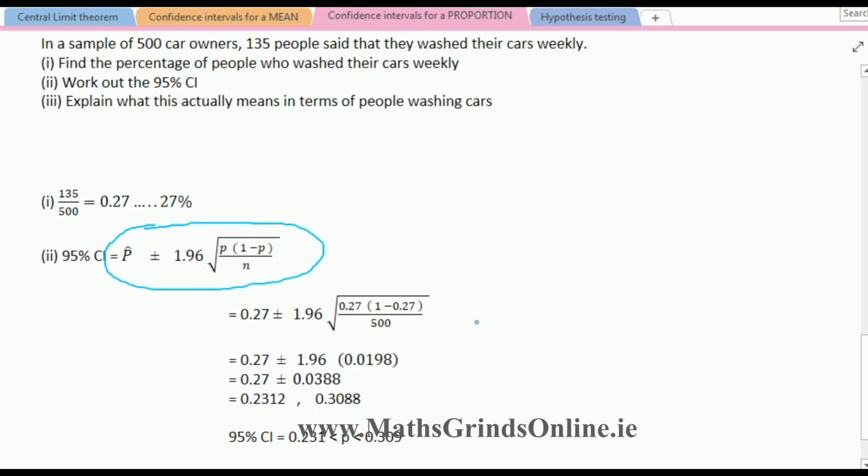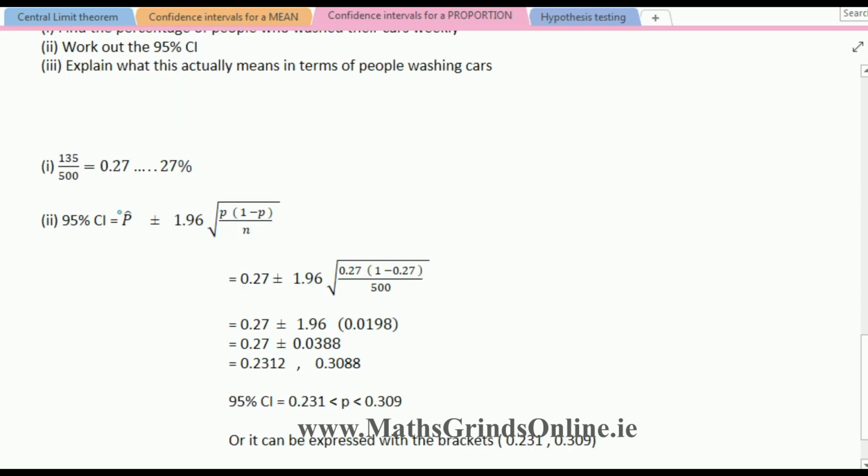Okay, so we basically know everything, it's just a case of subbing in. My 0.27 drops in there, and 0.27 also goes in there, and 0.27 also goes in over here. The total number involved, n equals 500, goes in down there. That's all the variables dealt with.